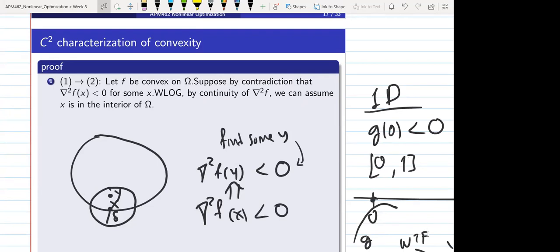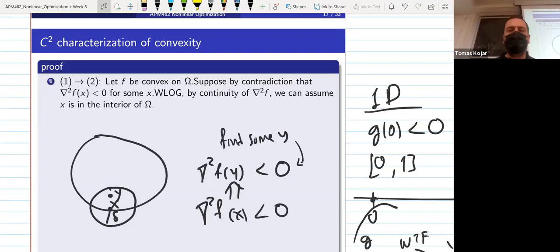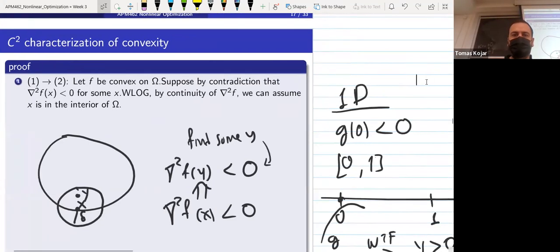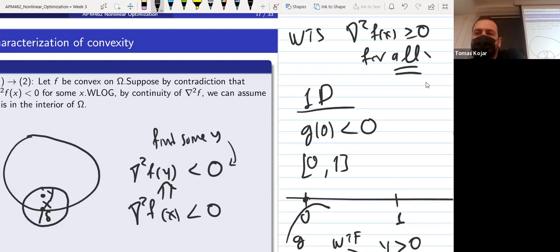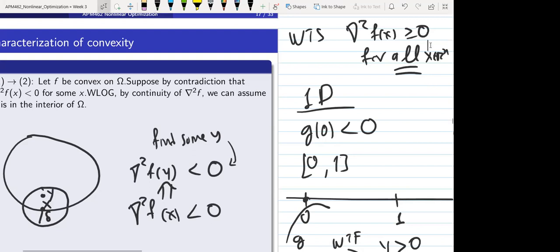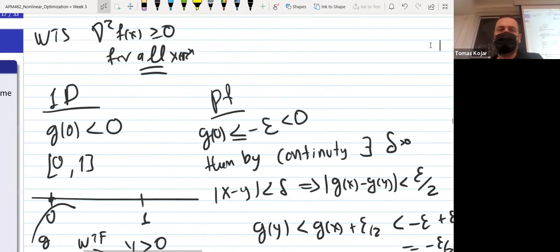What if it's neither? So, let's be clear. We want to prove that the Hessian of f of x is non-negative for all x in R^n, right? What's the contrapositive?